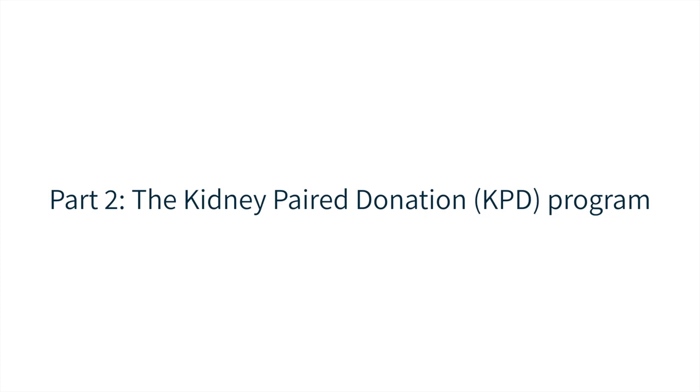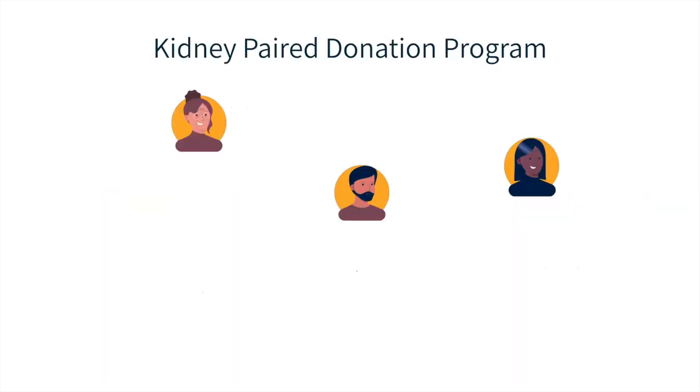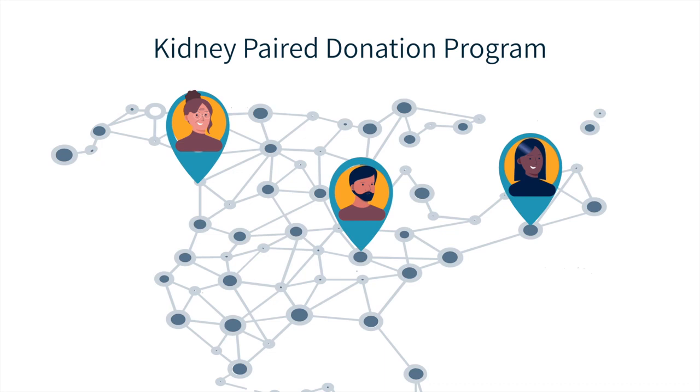First, you and your recipient can participate in the Kidney Paired Donation Program, also known as the KPD program. This is a Canada-wide program run by the Canadian Blood Services in partnership with all living kidney donation and kidney transplant programs in the country.